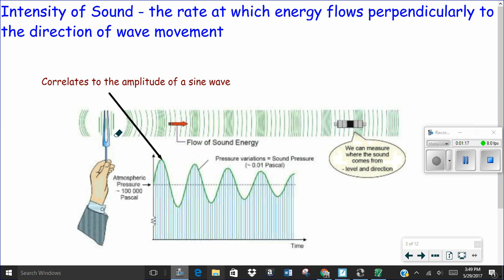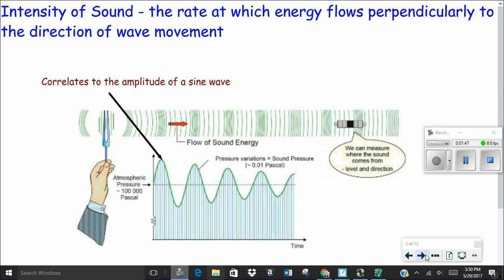So the distance that the wavefront is from the sound source will increase, and therefore the intensity will decrease. And if you were to measure this in terms of a sound wave, the amplitude of each peak would decrease over time because you are getting further and further away from the sound source.